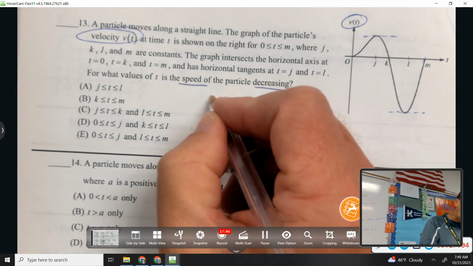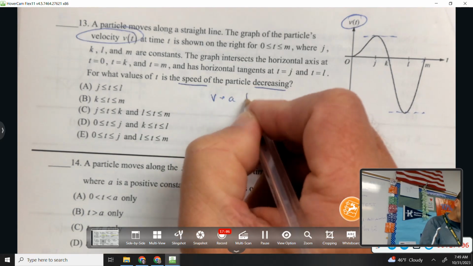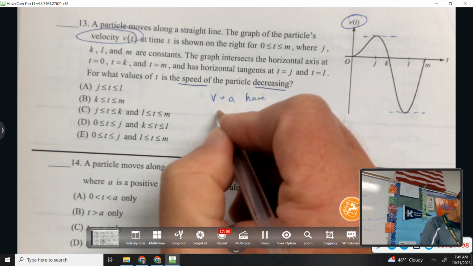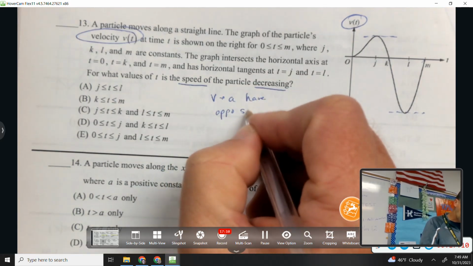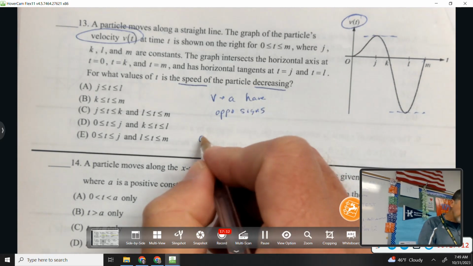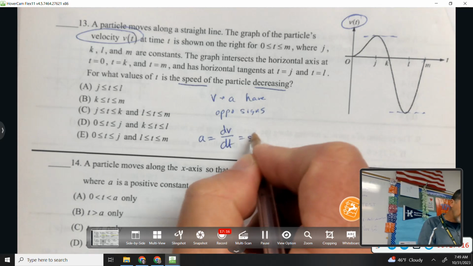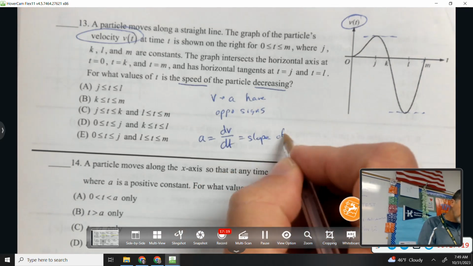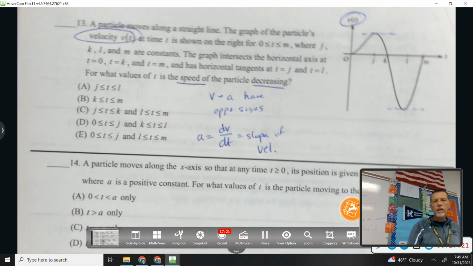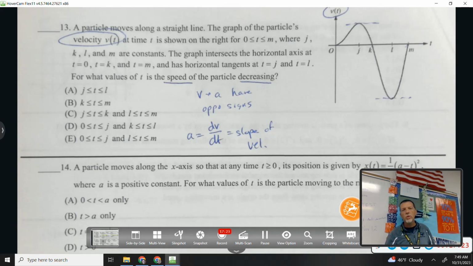So that means v and a have opposite signs. And a is the slope of velocity. So I need the sign of velocity and the slope of velocity to be different if the speed is decreasing.